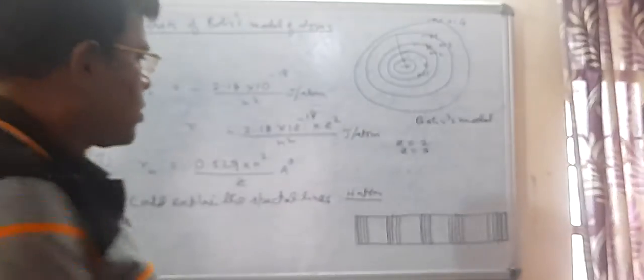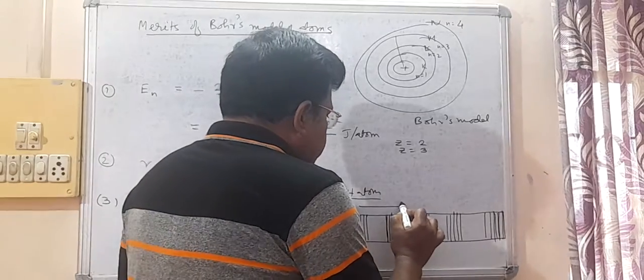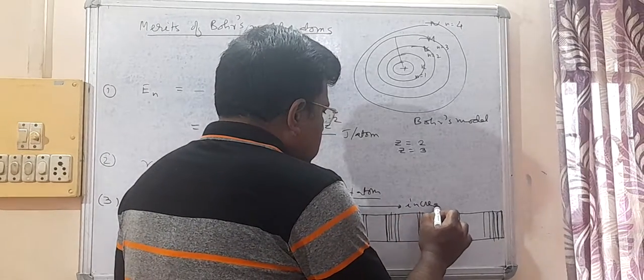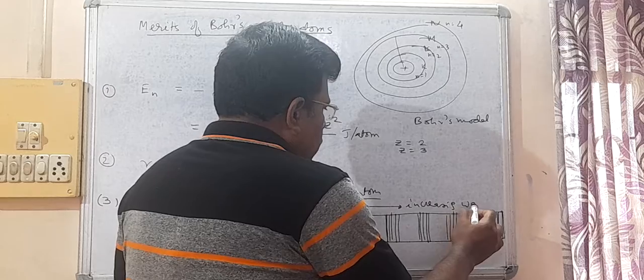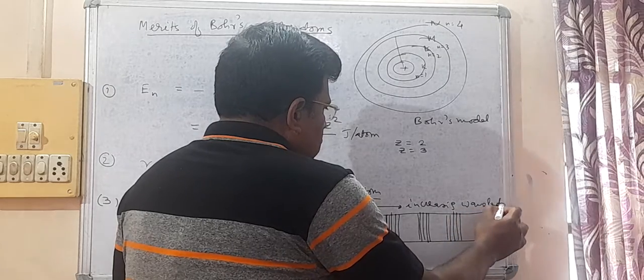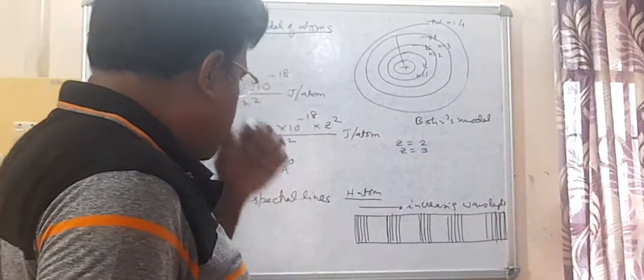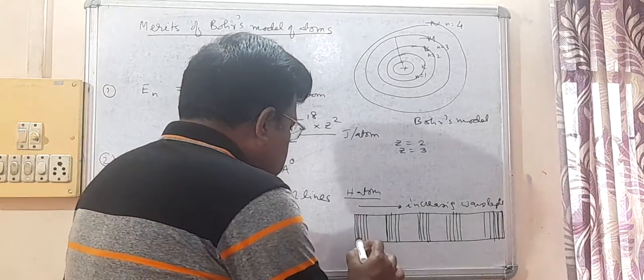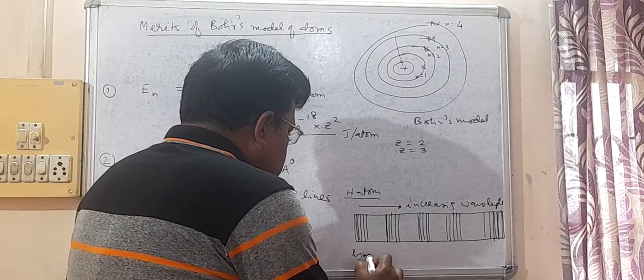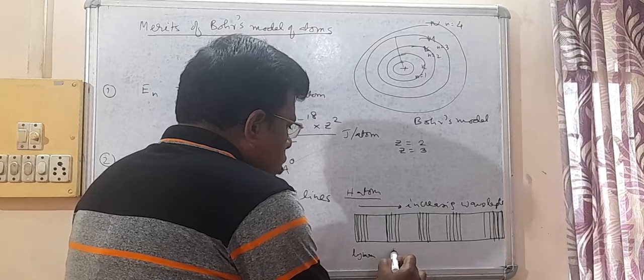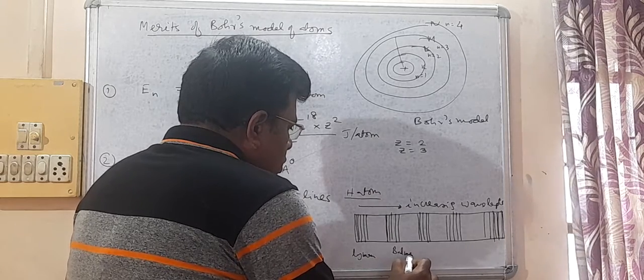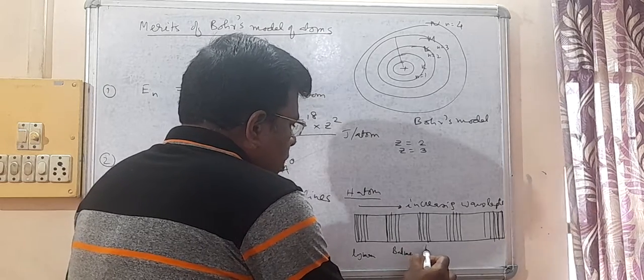This is increasing wavelength, and this series of lines is called Lyman series. This is called Balmer series. This is called Paschen series.